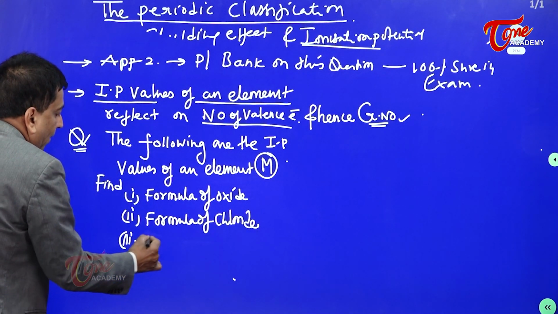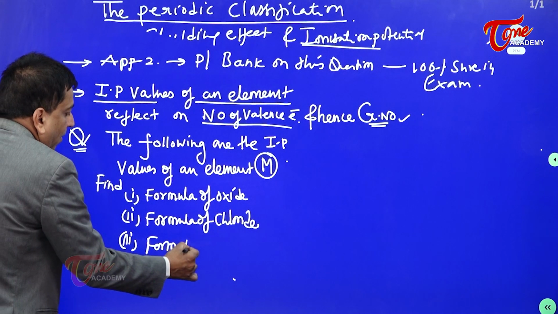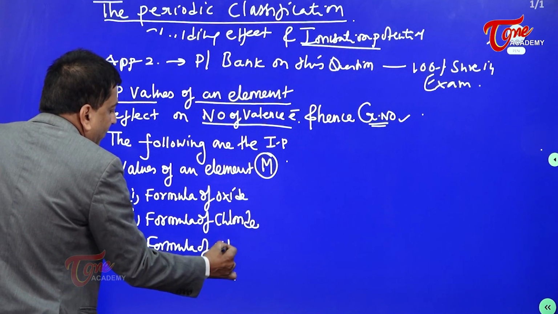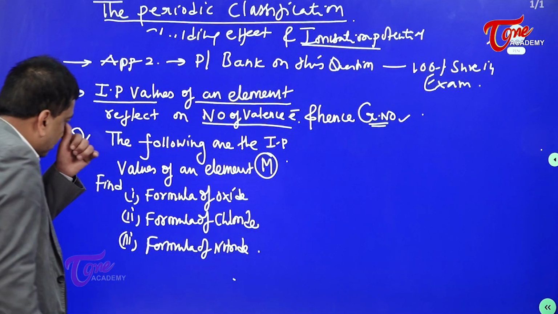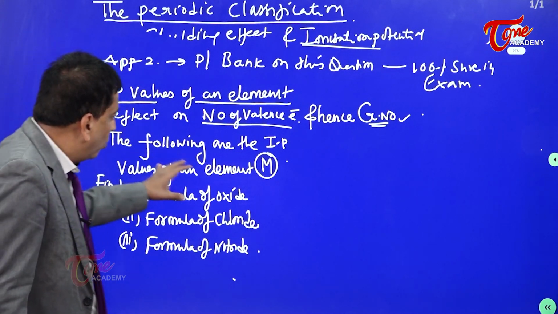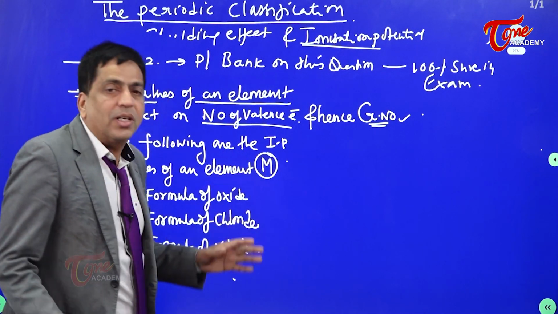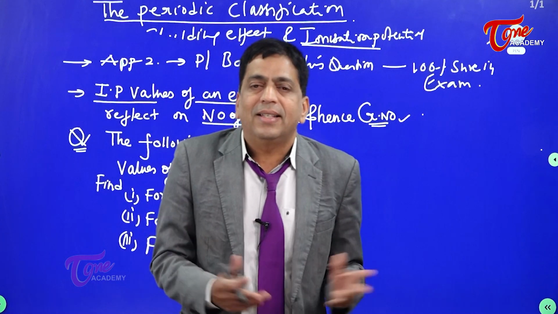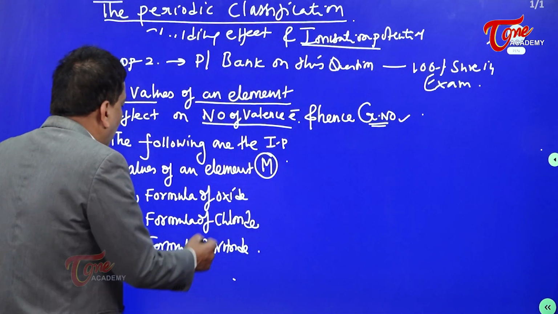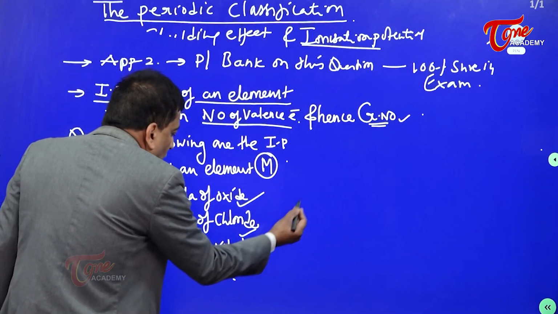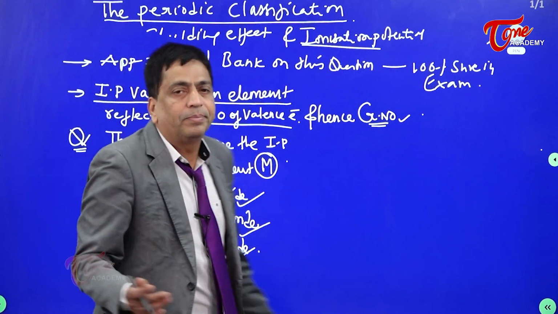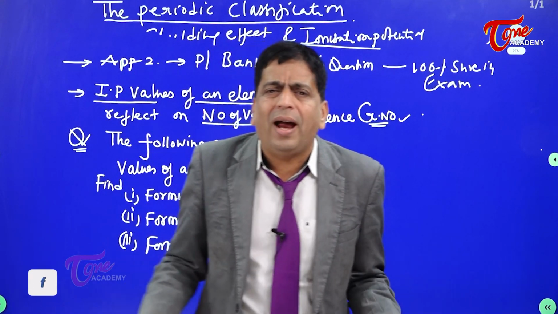Three, the formula of the nitride of that element. He has given the values of ionization potentials of a particular element, and he is asking you to write the formula of the oxide, the formula of the chloride, and the formula of the nitride. That's the question. Now, how do you do that?